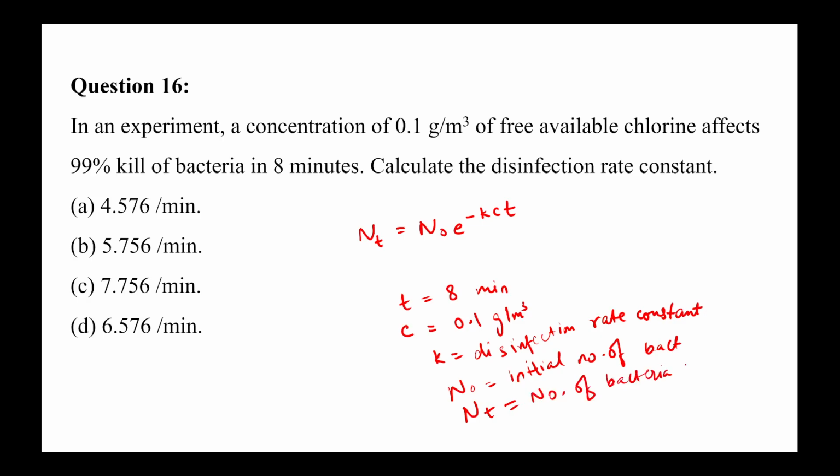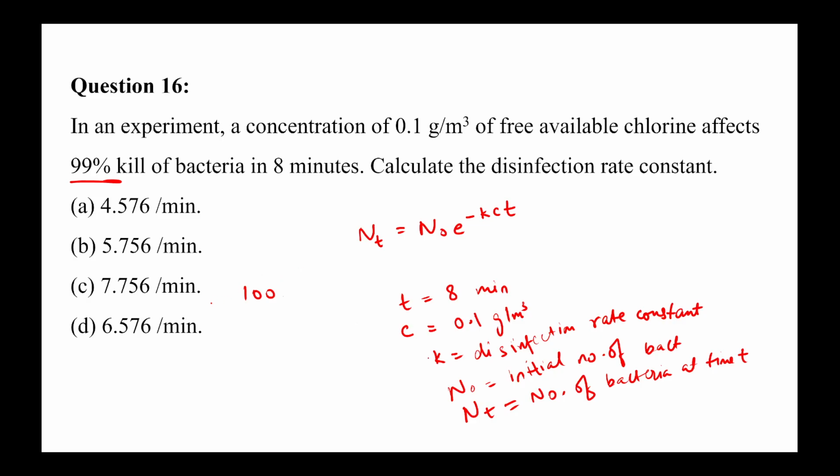So now here it is saying 99% of bacteria killed in 8 minutes. So let's say the initial number of bacteria was 100. Then at time T, the number of bacteria remaining would be 1, because 99% have died. So if total number was 100, then 99% of 100 would be 99. 99 has died.